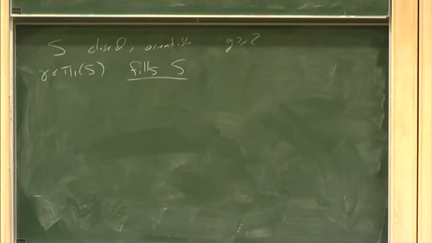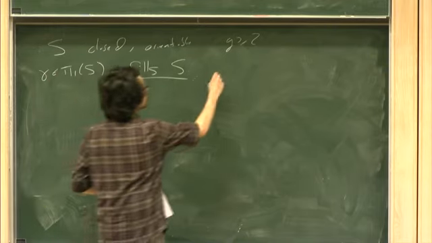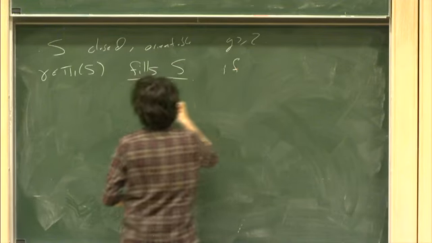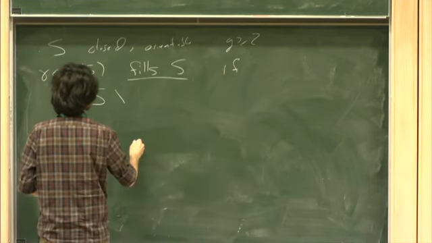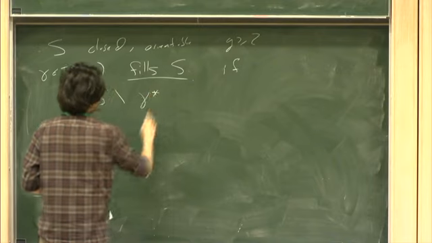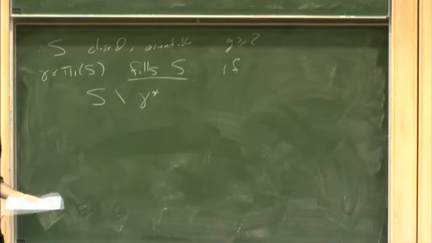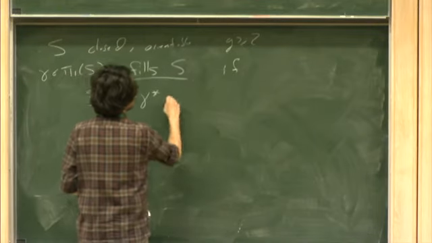In particular, it corresponds to a conjugacy class of curves on the surface. I take the geodesic representative in any hyperbolic metric, and I want it to cut the surface up into disks. So gamma fills S if I look at S, and I cut along the geodesic representative of gamma in any hyperbolic metric, this is a collection of disks.